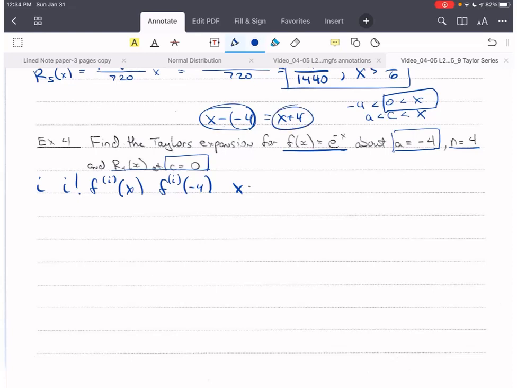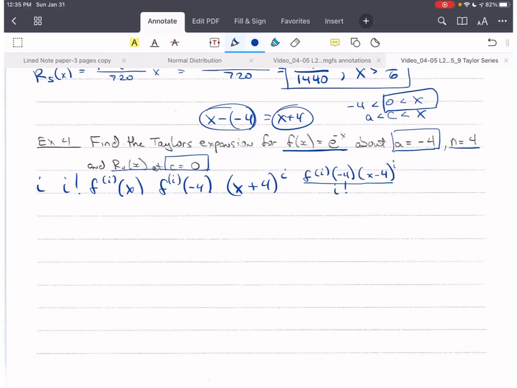So this will be x plus 4 to the I, and then we will have the Taylor's series term, each term, x minus -4, I'm sorry, to the I over I factorial.